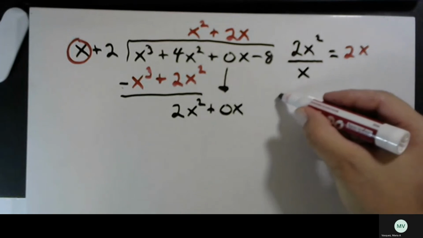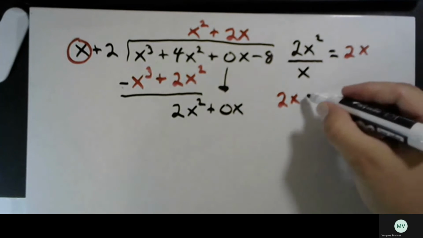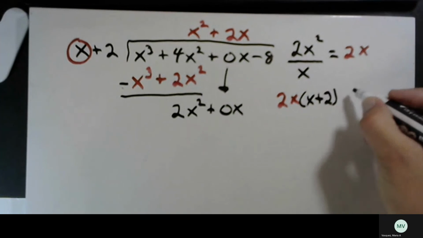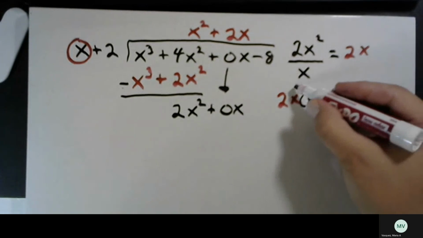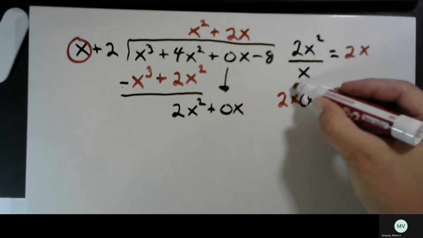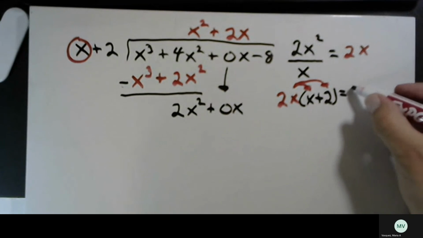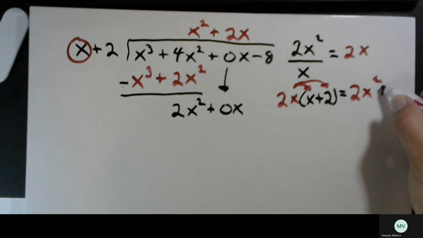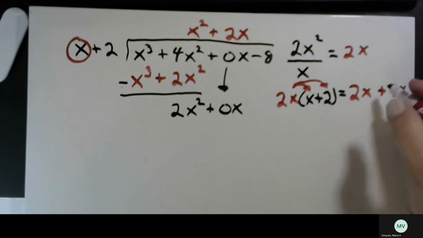And we take that 2x, multiply by the divisor, and so this gets distributed. That gives us 2x squared plus 4x.